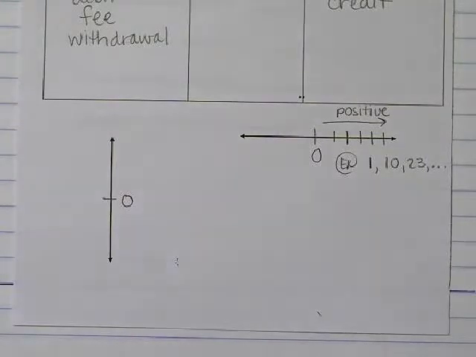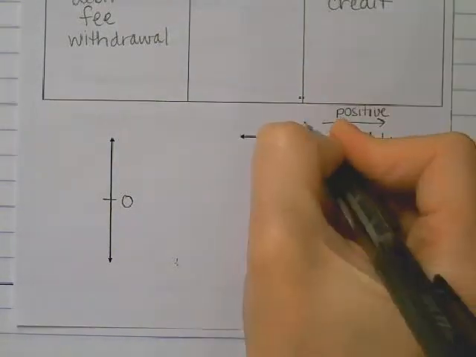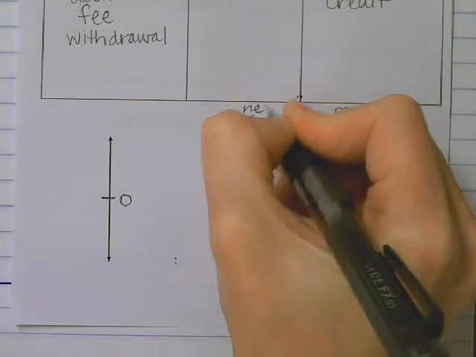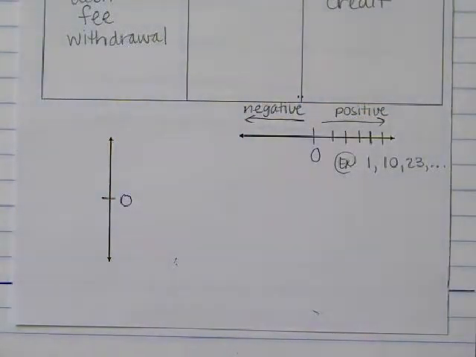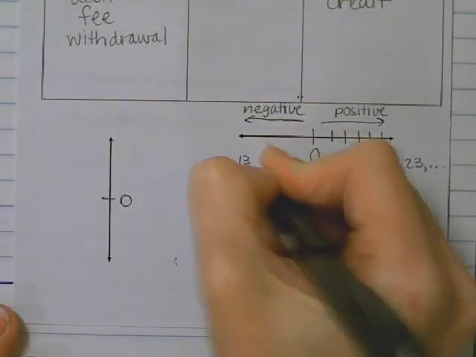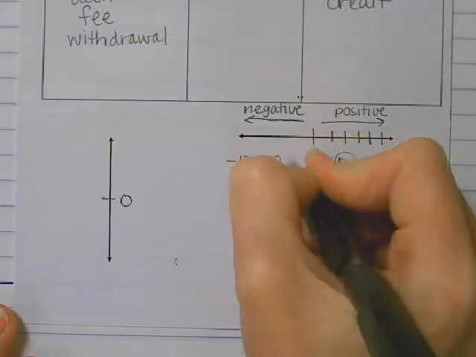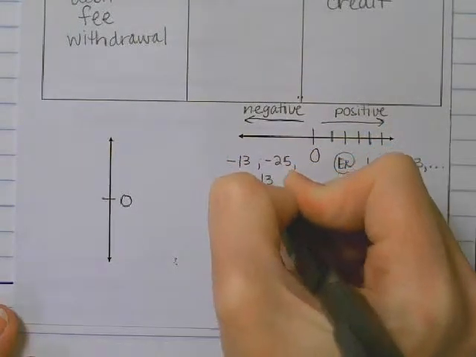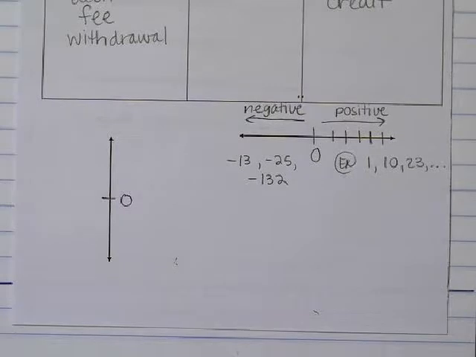Okay, when I go to the left, I'm dealing with negative integers. And when I write negative integers, all I'm doing is placing a negative in front of those values. So those are a few examples that you would have for negative.